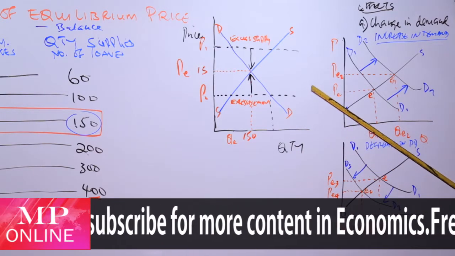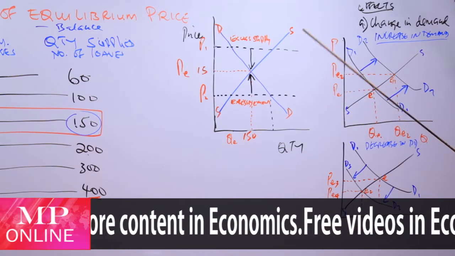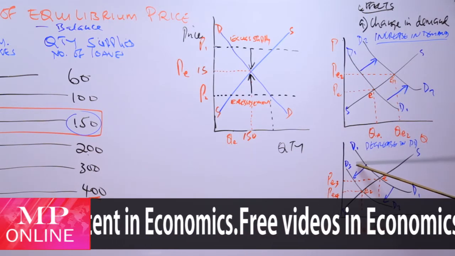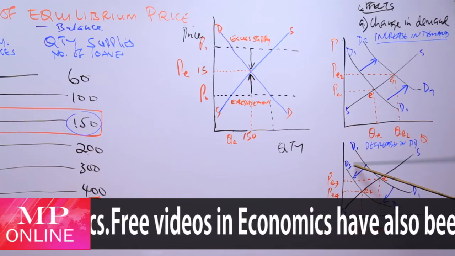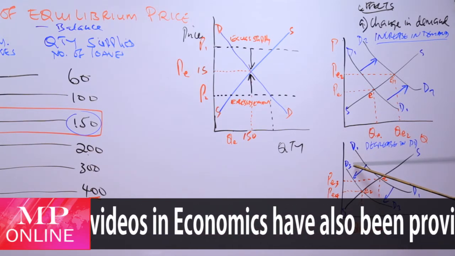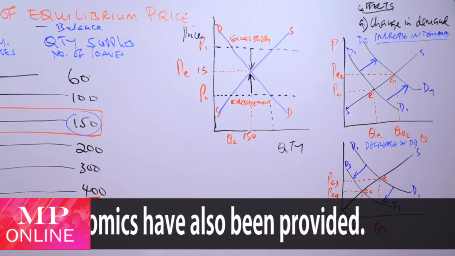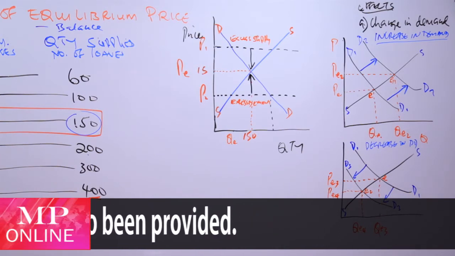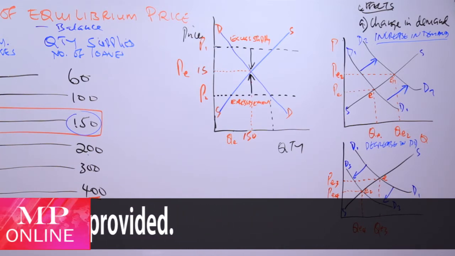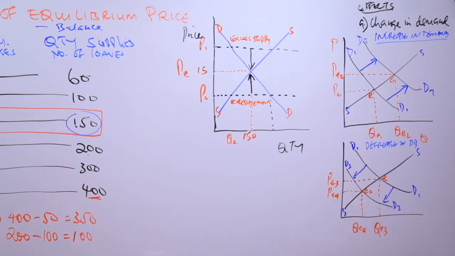So a reduction in demand, in this case here, changes the equilibrium price and equilibrium quantity, so that the point of equilibrium shifts. So that is the impact of change in demand.